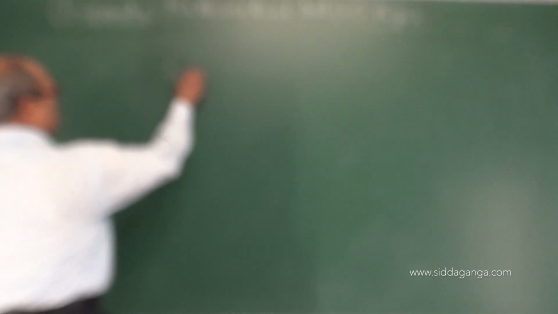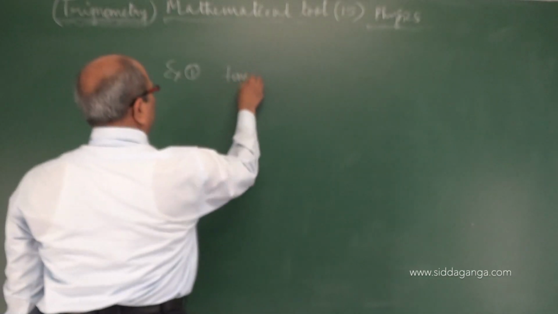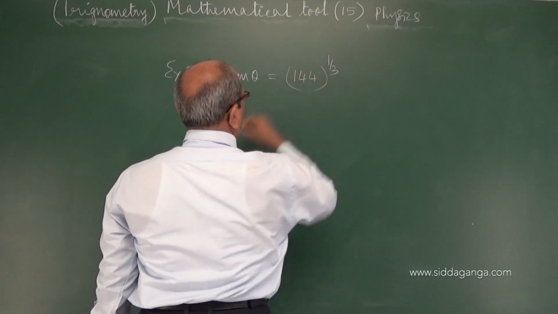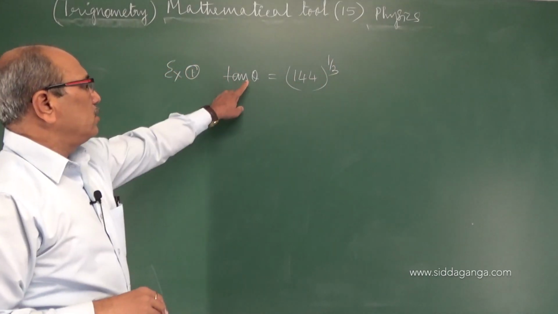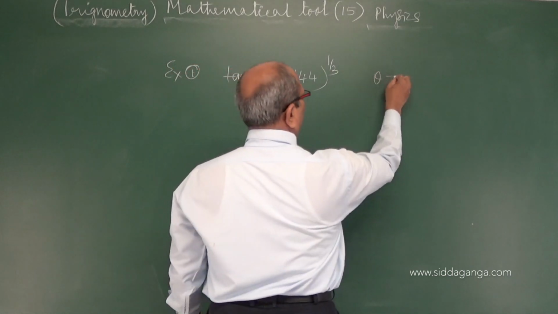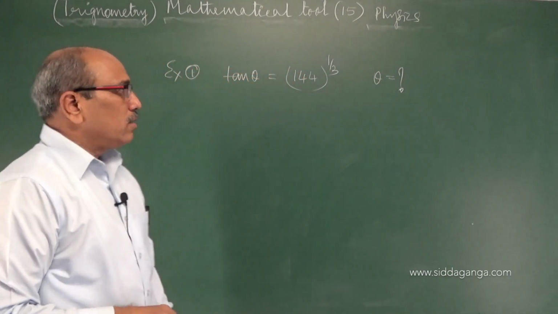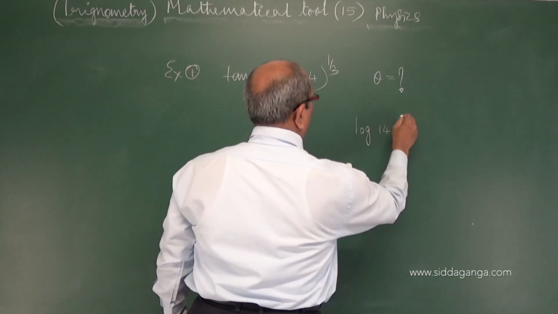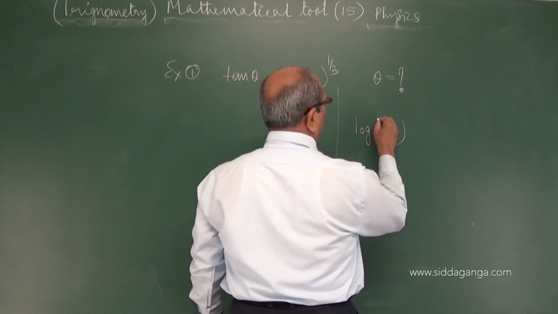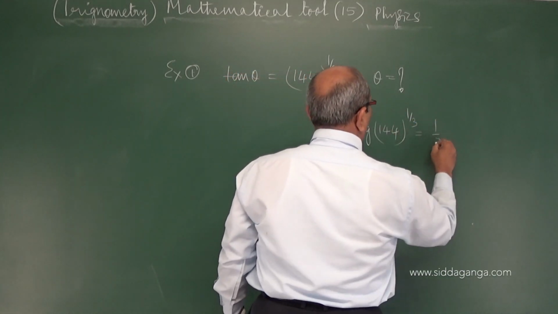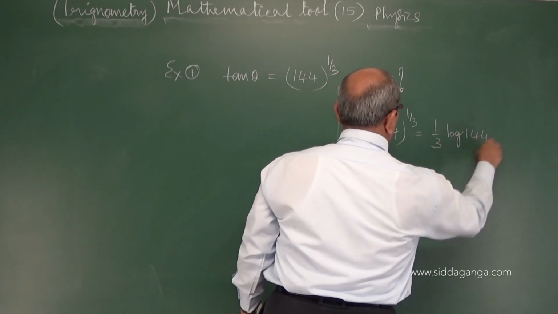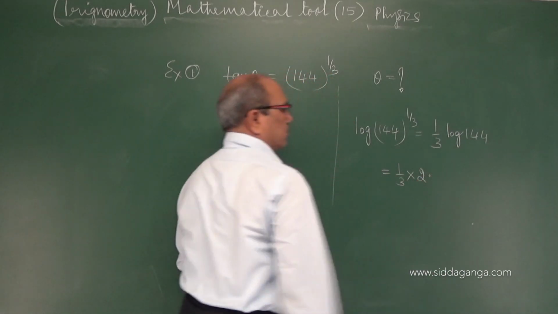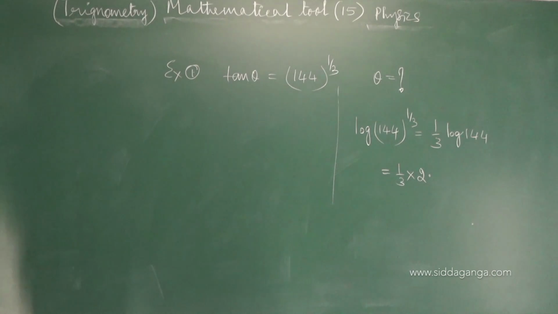So take another last example in this as find theta given tan theta is 144 to the power of 1 by 3. Cube root of that theta value you have to find out. So you have to apply the log now. Log of 144 to the power of 1 by 3 is 1 by 3 into log of 144, for which you write 1 by 3 into 3 digits means 2 point in the logbook.